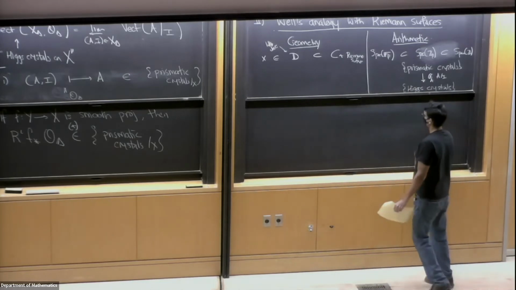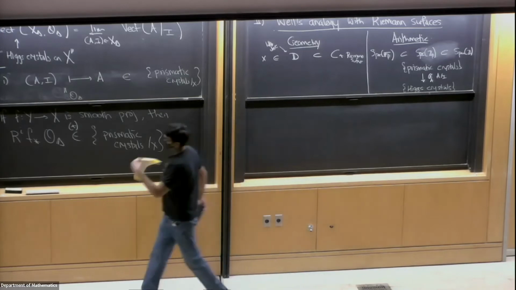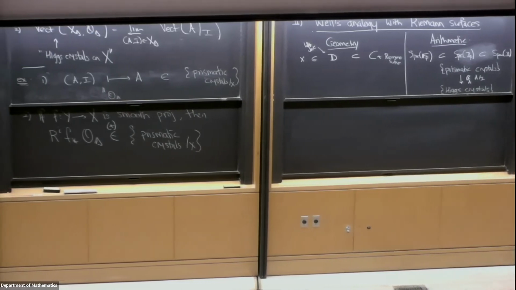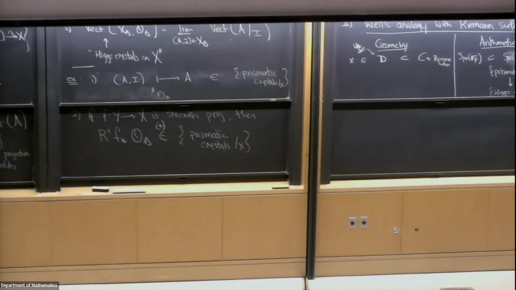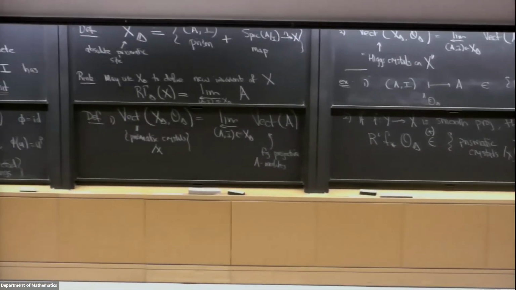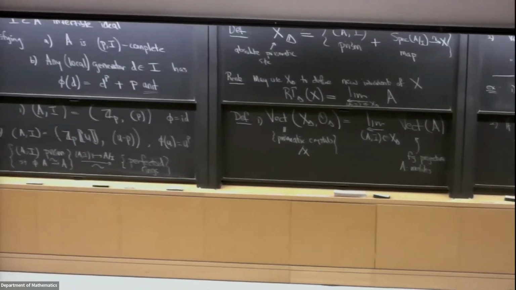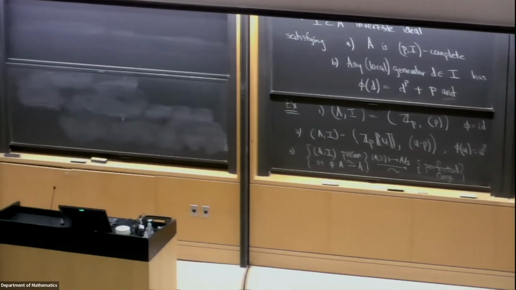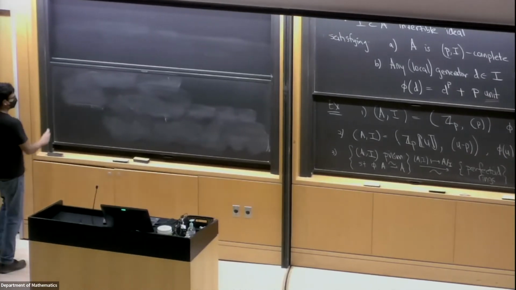Let me actually leave this board to finish this table. So the geometric counterpart of prismatic crystals turns out to be the notion of a lambda connection. This is something that was invented by Deligne in understanding the work of Carlos Simpson in non-abelian Hodge theory, but it's a rather simple notion.